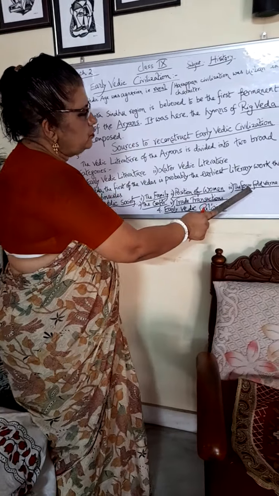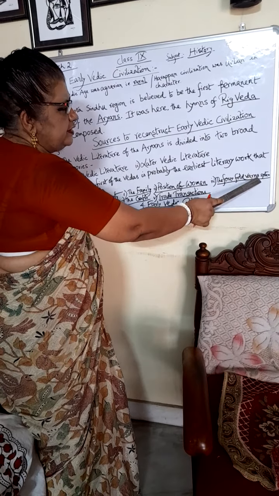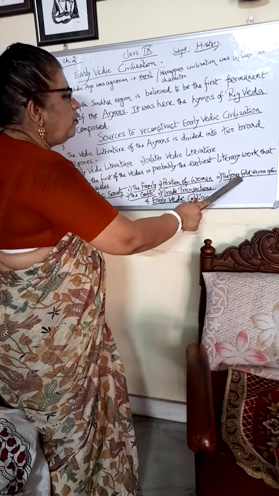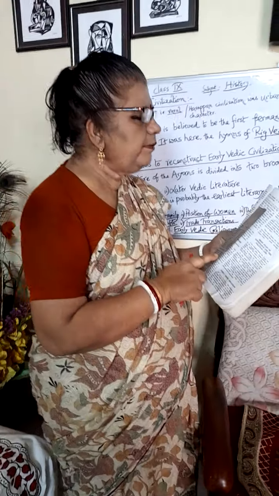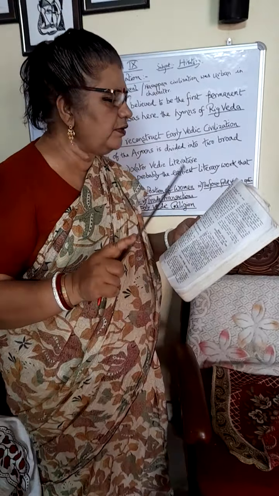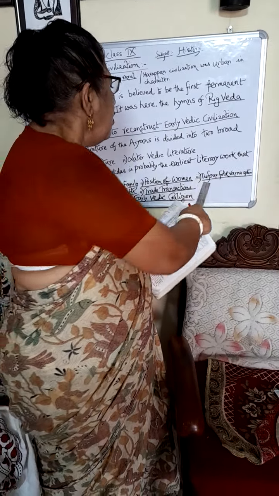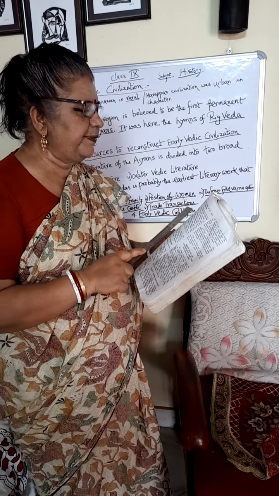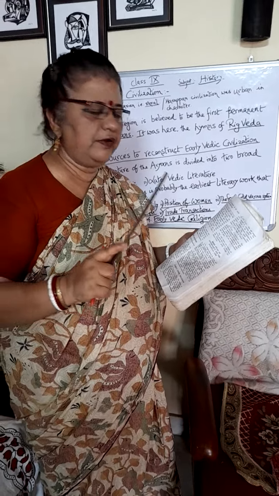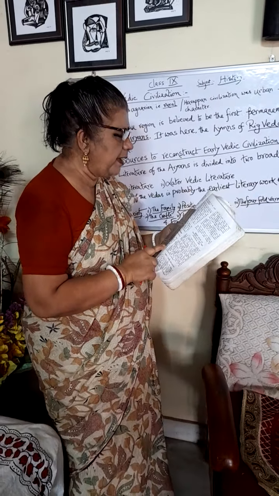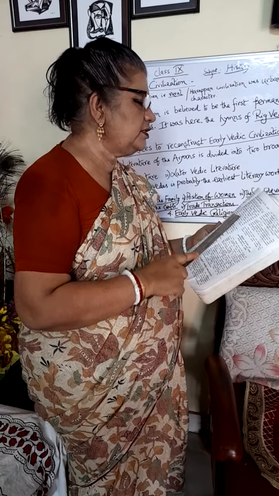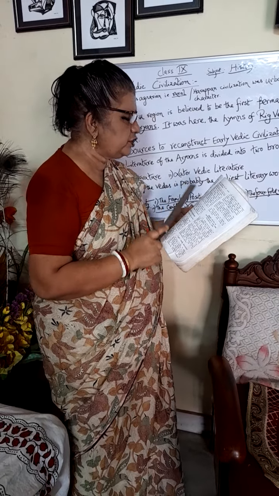Next point, my students, the fourfold Varna system. The society was divided into the fourfold Varna system. The Rig Veda refers to four orders of the society: the Brahmins, the Kshatriyas, the Vaishyas, and the Shudras.